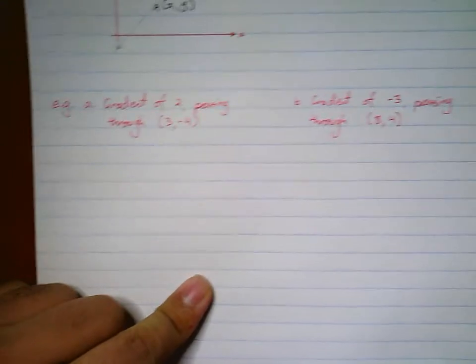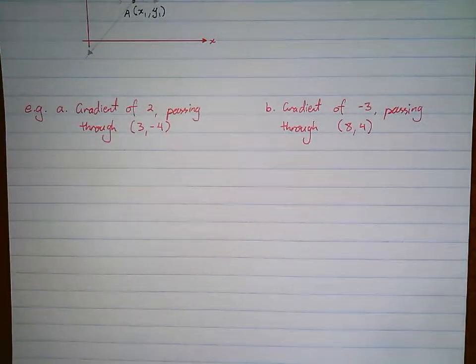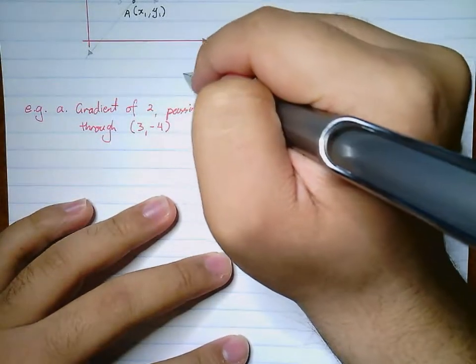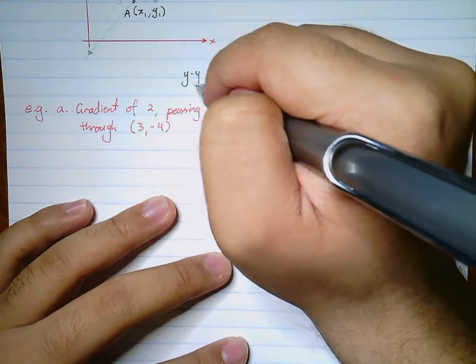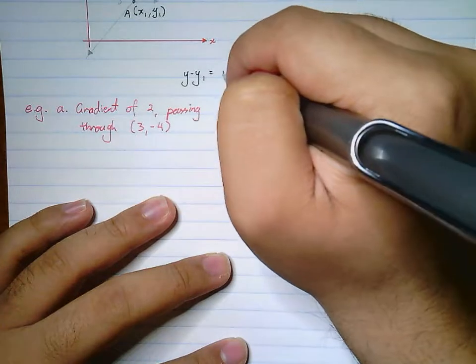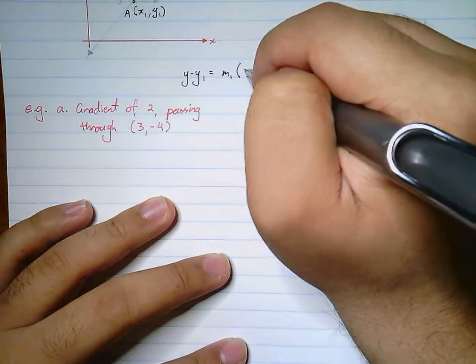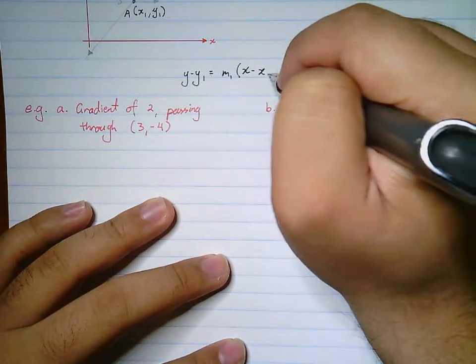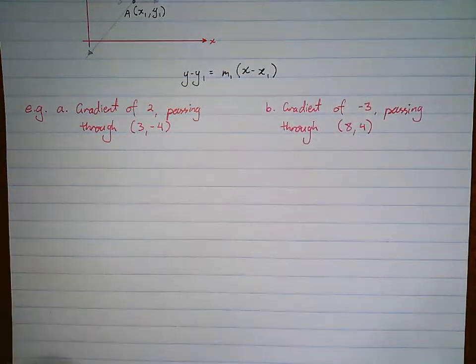Okay, I'll just repeat our formula up top here. That is y minus y1 equals m1 x minus x1. Before we continue, let's label everything that we need.